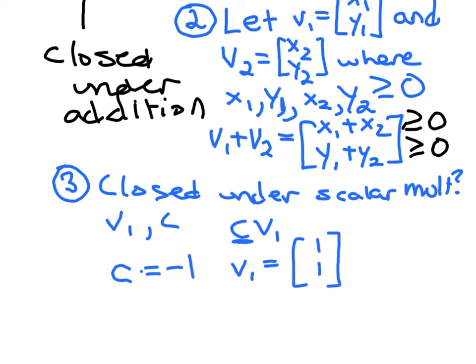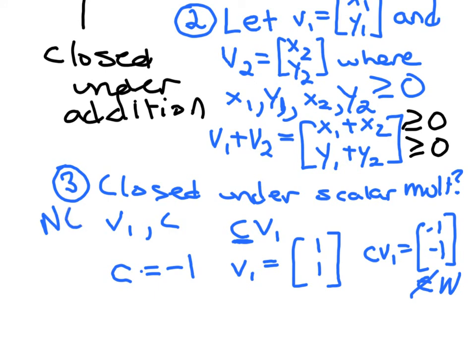So this is certainly in W. Both entries are greater than or equal to 0. This is a scalar, but when we multiply c times v1, we get the vector (-1, -1). And this does not belong to W. So the answer here, is it closed under scalar multiplication, is no.